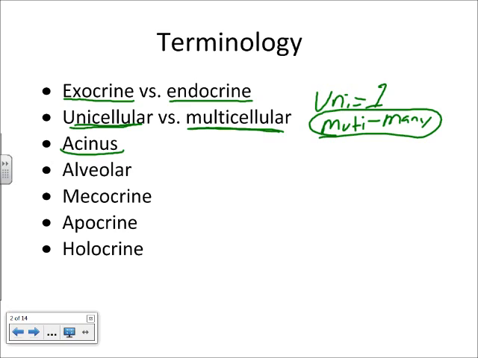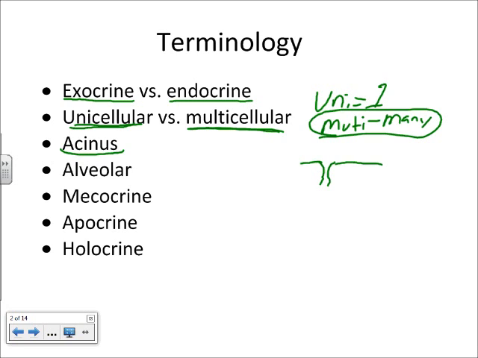Acinus, basically, is the secretory part of the gland. Exocrine glands are basically just involutions, inward folds of epithelial tissue.